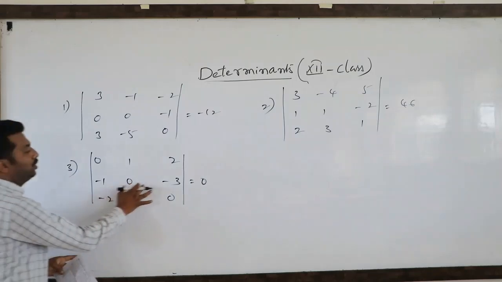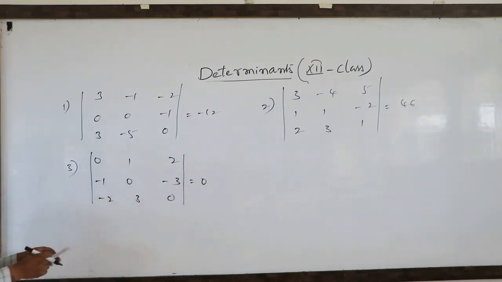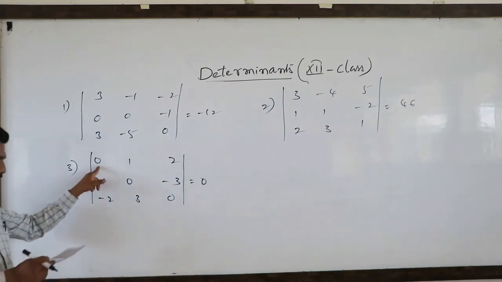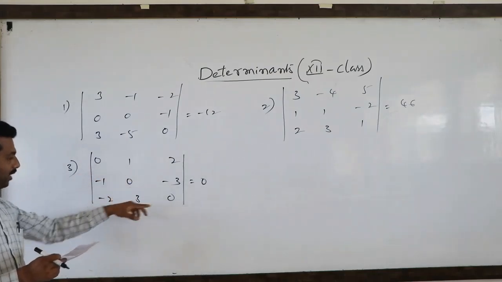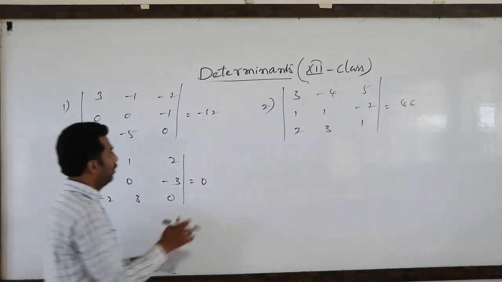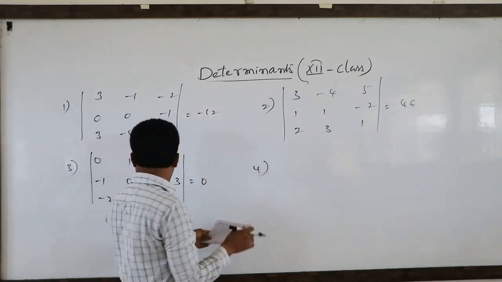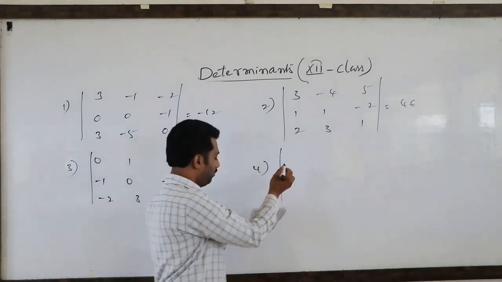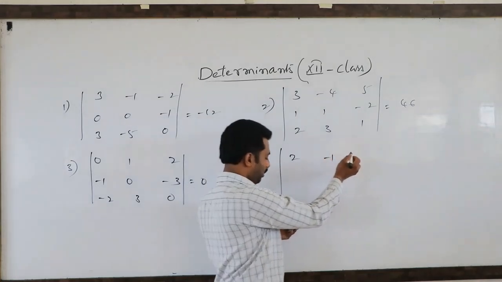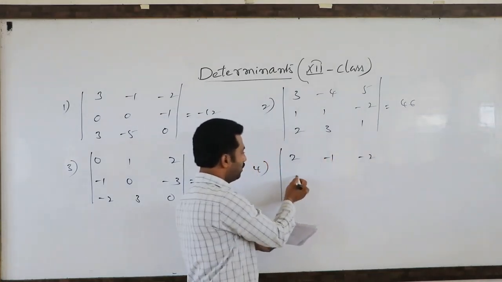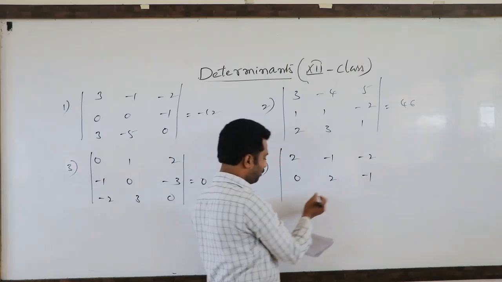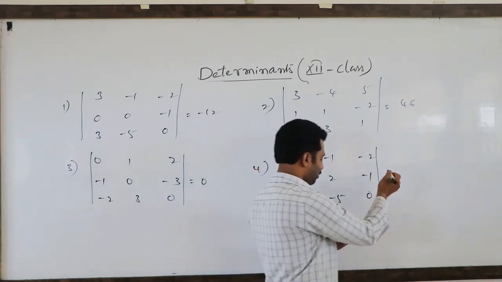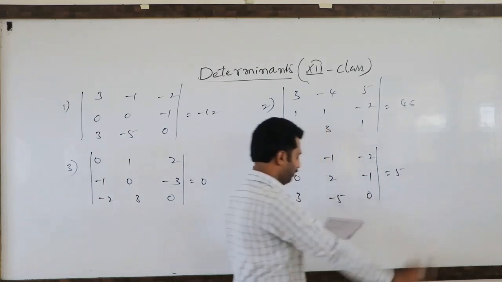So you have to prove this is equal to 0, meaning whatever row or whatever column you select, the answers will be the same. Next, fourth question, determinant of 2 minus 1 minus 2, 0 2 minus 1, 3 minus 5 0. So its answer is 5.